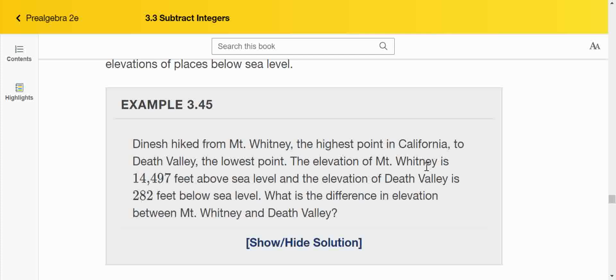The elevation of Mount Whitney is 14,497 feet above sea level. And the elevation of Death Valley is 282 feet below sea level. What is the difference in elevation between Mount Whitney and Death Valley?